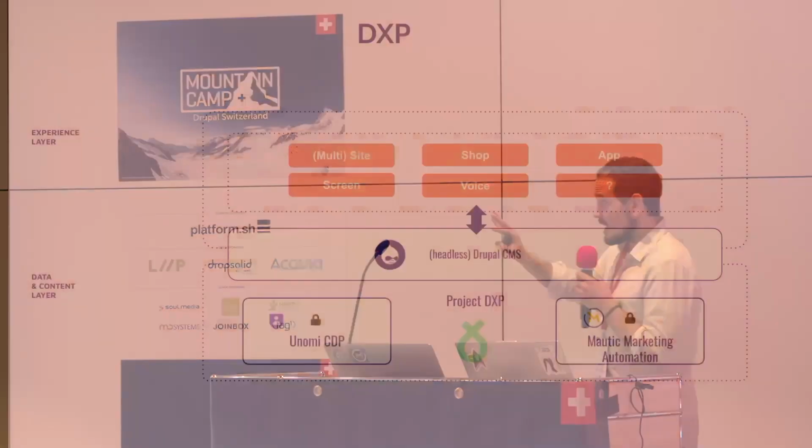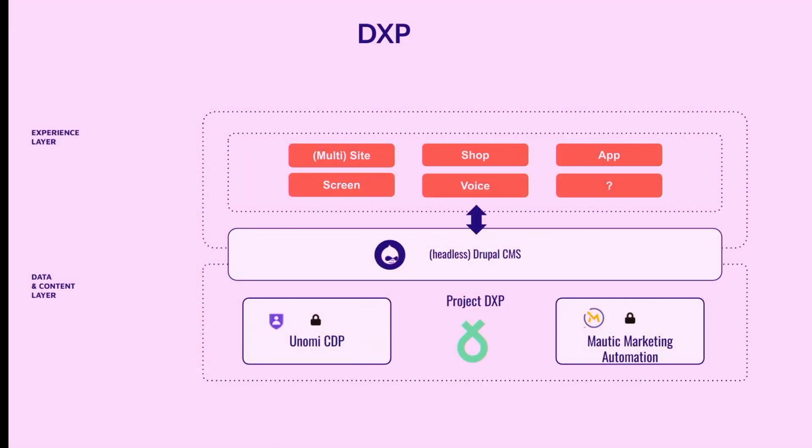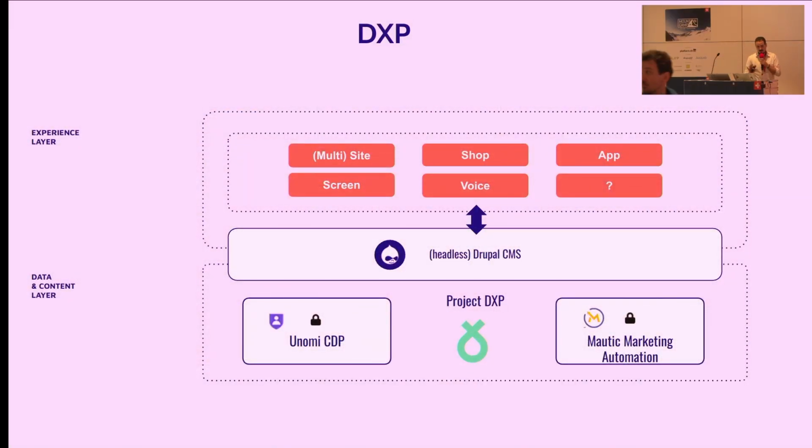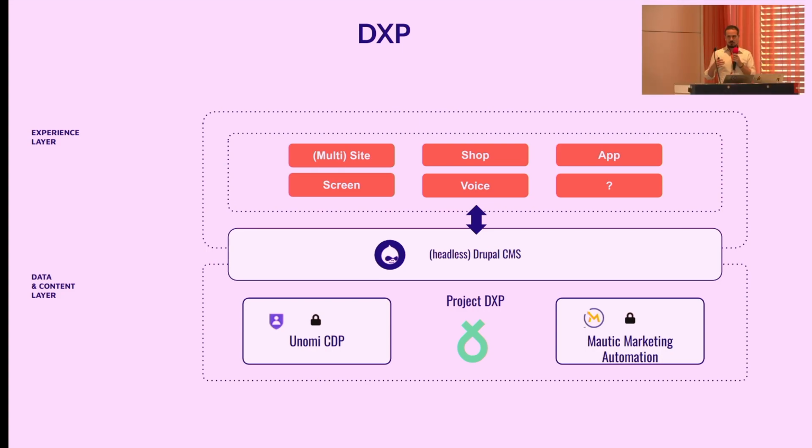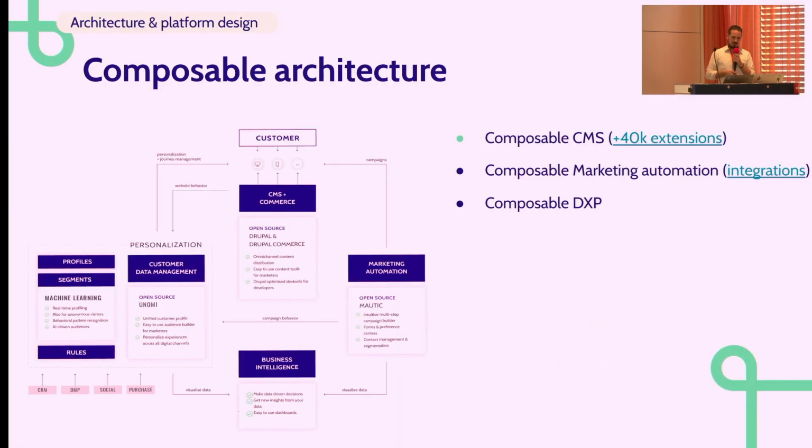If we visualize this very, very simply, to get to a DXP, you need not only the experience layer and the content management layer, but you also need the data layer. And if you look at how Drupal does this, for example, this is an example of composing a DXP.